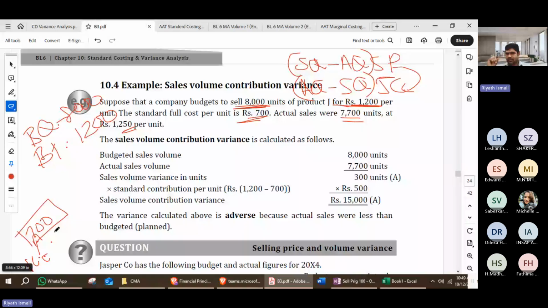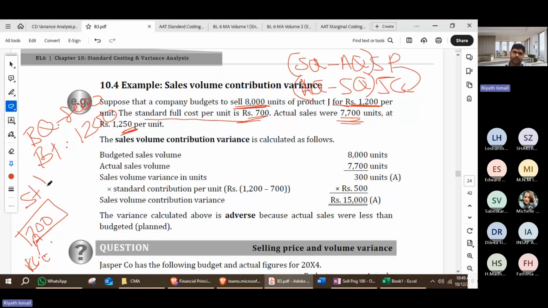The standard full cost per unit is 700. The actual sales were 7,700 at 1,250 per unit. Here the cost is 700 and there are two selling prices, so there are two different contributions.